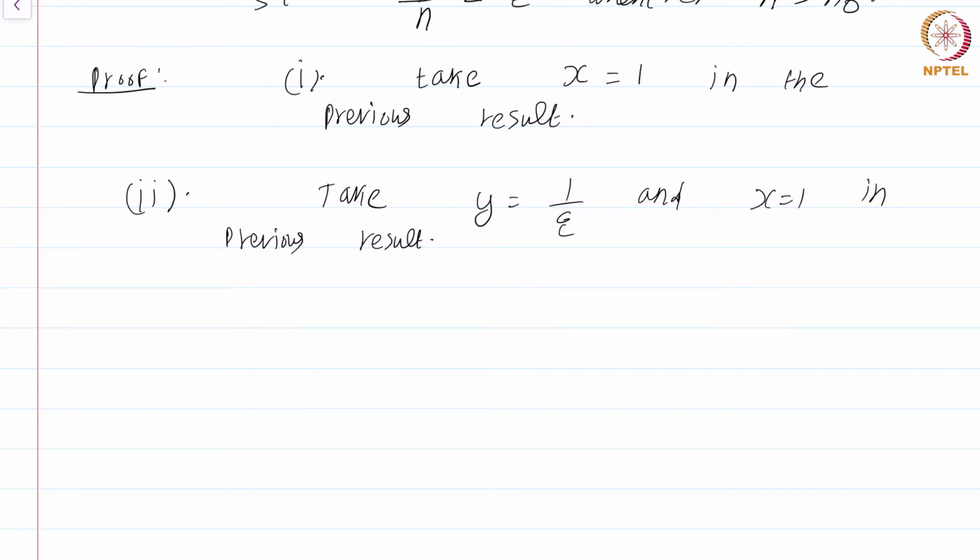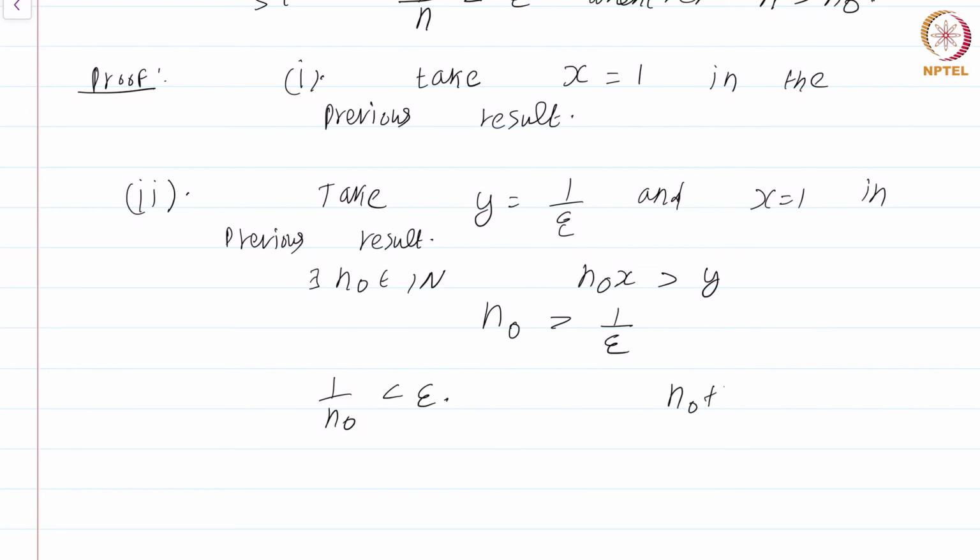So what you get out of the previous result is that there exists n naught in N such that n naught x is greater than y. In other words, where x is 1 now, n naught is greater than 1 by epsilon. Or in other words, 1 by n naught is less than epsilon.